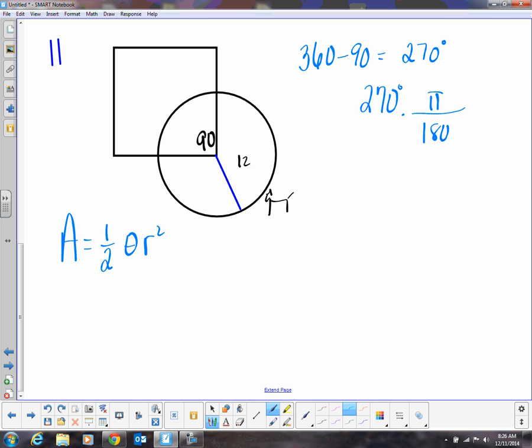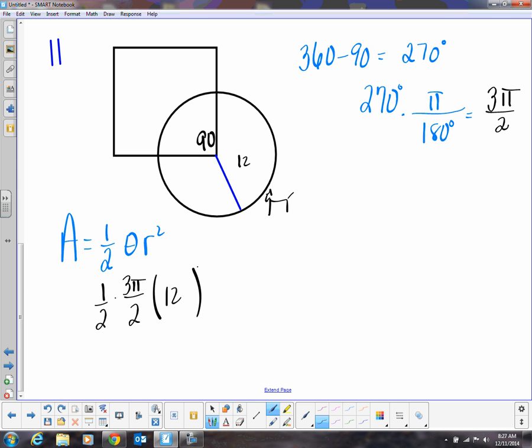Over 180, because that's the way I taught it, because they want you to be able to work with arc length and area of a sector in radian measure per the Common Core Florida standards. There's another way to do it. Right. Okay. So this is going to be 3 pi over 2. Where does that go in my formula? Now, what is my radius?